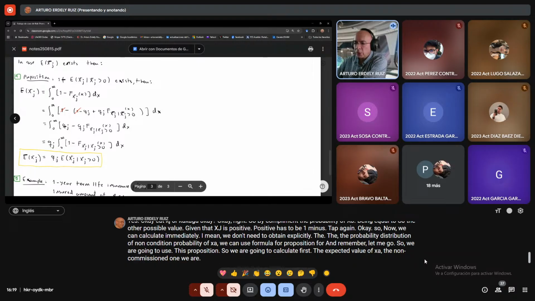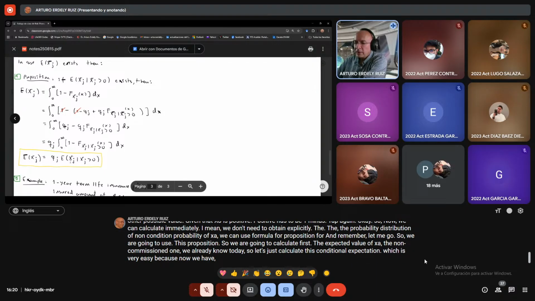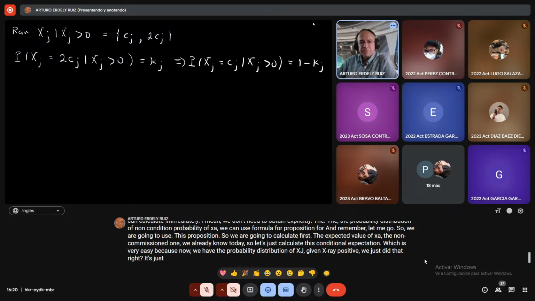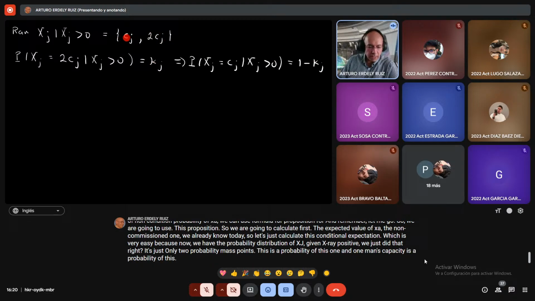We already know qj, so let's just calculate this conditional expectation, which is very easy because now we have the probability distribution of xj given xj positive. We just did that. Only 2 probability mass points. This is the probability of this one, and 1 minus kappa j is the probability of this value.